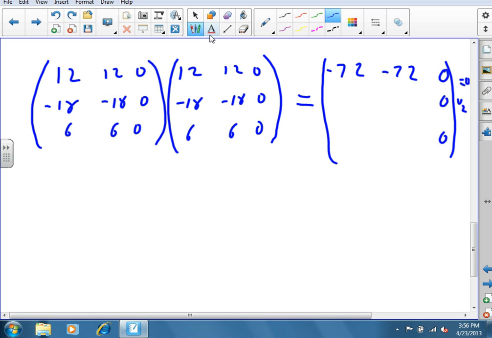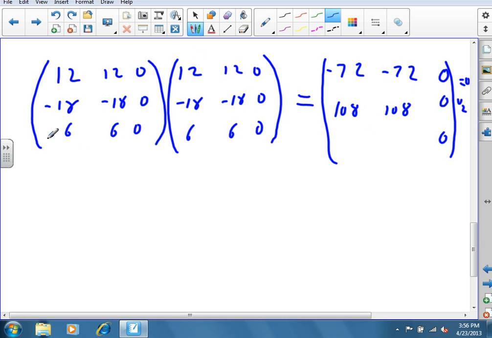All right, now, that times that. So 12 times 18 minus 18 squared, knowing that I'm going to have to put a positive on it, 108. That times that, 108.